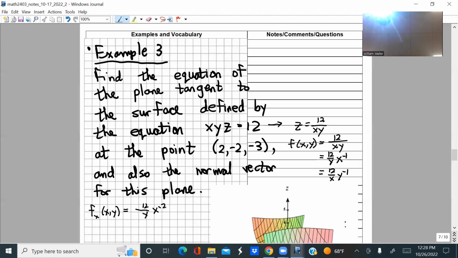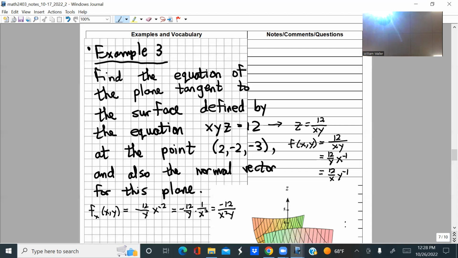So that would give you x to the minus 2 power, right? We're differentiating, not integrating. And then when you clean this up a little bit, this is the same as minus 12 over y times 1 over x squared. X to the minus 2 means 1 over x squared, right?